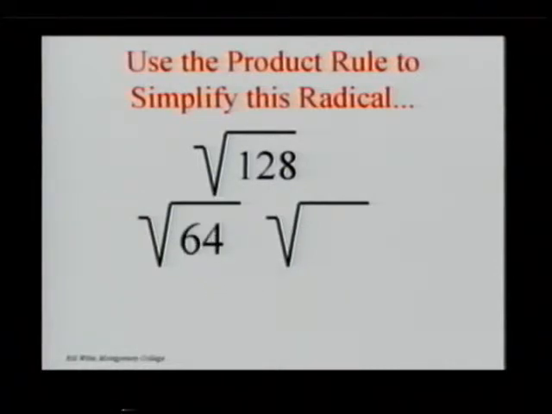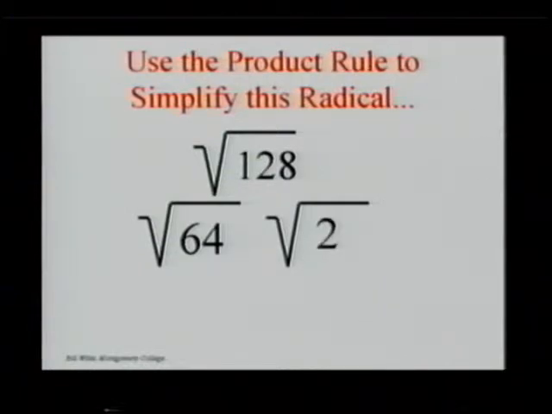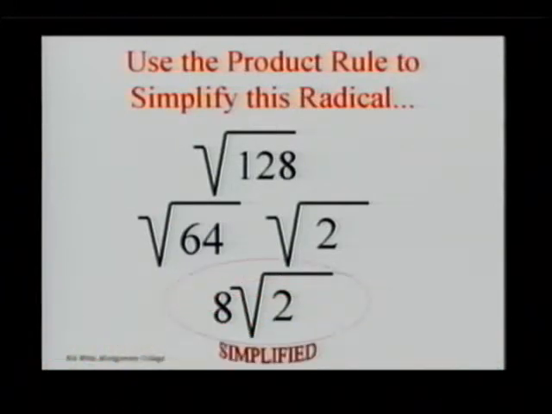We want to take out as much goodness as we can, and that's 64. Leaving me with 128 divided by 64 is 2. The square root of 64 is 8. And I just bring down my garbage. That's a simplified radical.